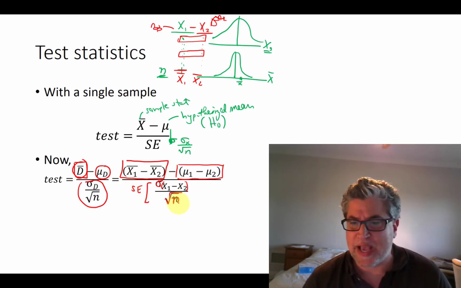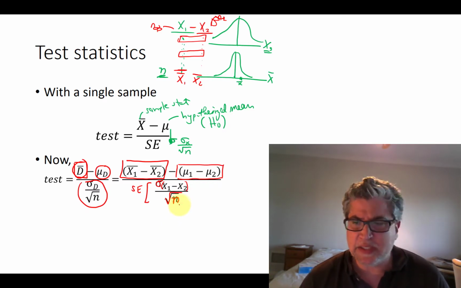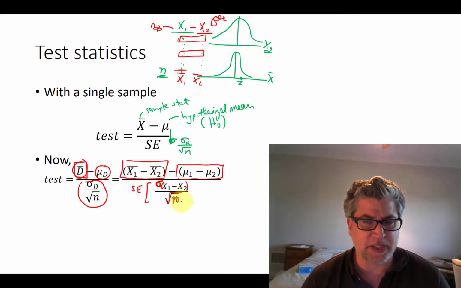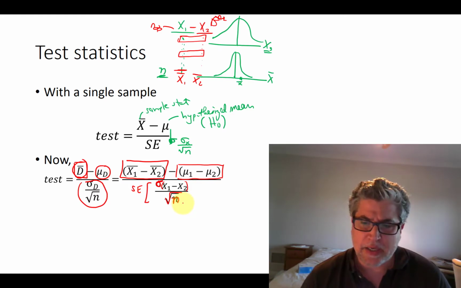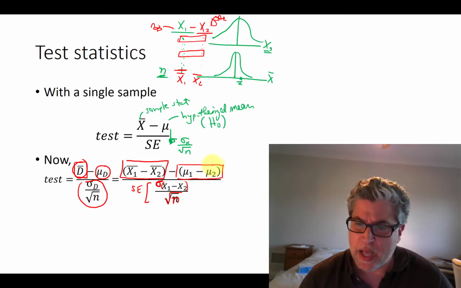We had to take into account different sample sizes and different standard deviations and all that good stuff. In this case, this one is not terribly difficult. We still need to know, like, what is the standard deviation between x1 and x2? And I'll have to show in a different video. I'll try to put a link.